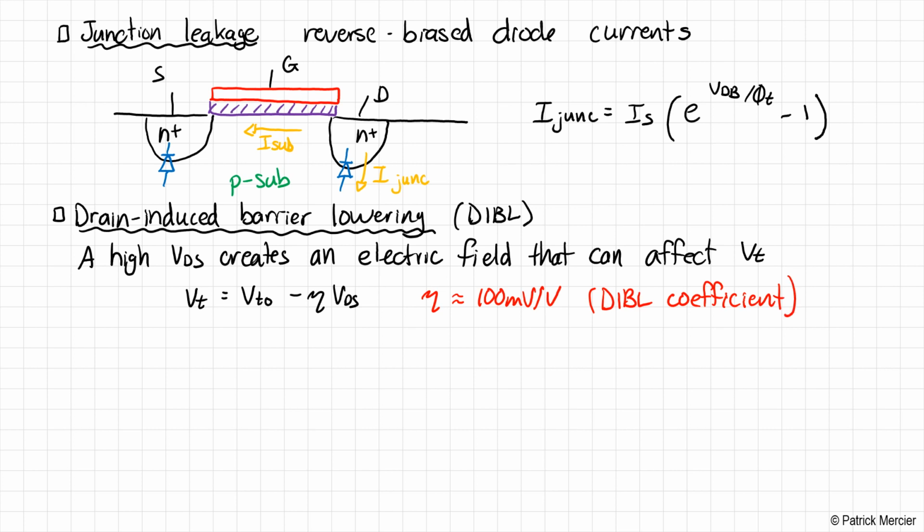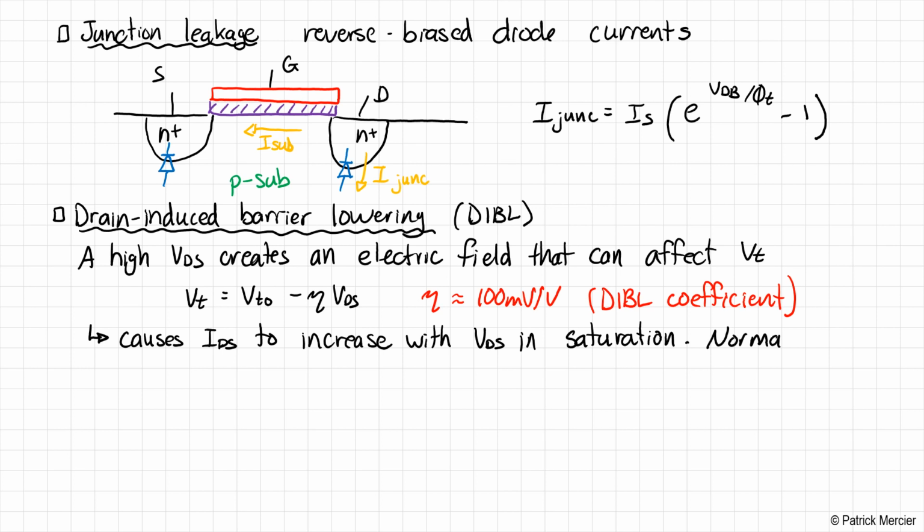So what this does is it causes IDS to increase with VDS in saturation. Okay, so normally this is not a problem for digital CMOS circuits.